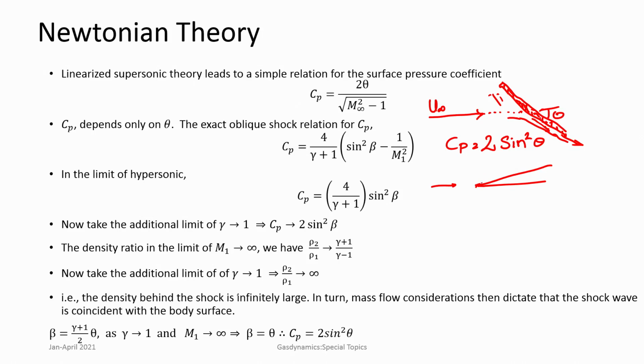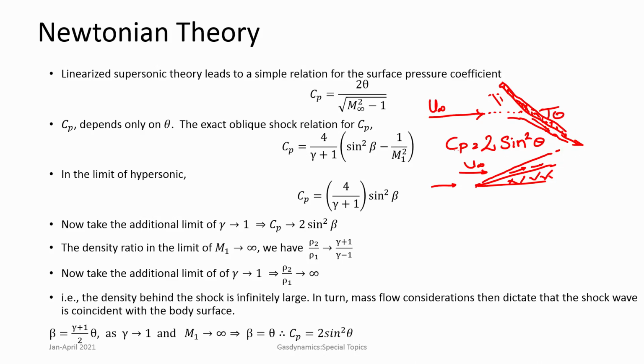So, if you consider what happens on a thin wedge placed in hypersonic flow, the hypersonic flow velocity u infinity goes across the shock and immediately it becomes tangential to the body, and this thin shock is occurring very close to the body. Therefore, we approach the assumptions that were initially taken by Newton quite some time ago.